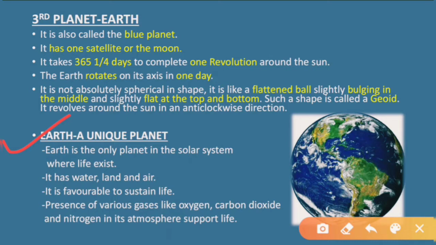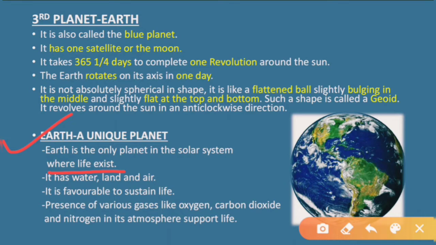Now, next topic is Earth, a unique planet. Why do we call Earth a unique planet? Let us see. The first point, Earth is the only planet in the solar system where life exists. That is true. Earth comprises of everything.